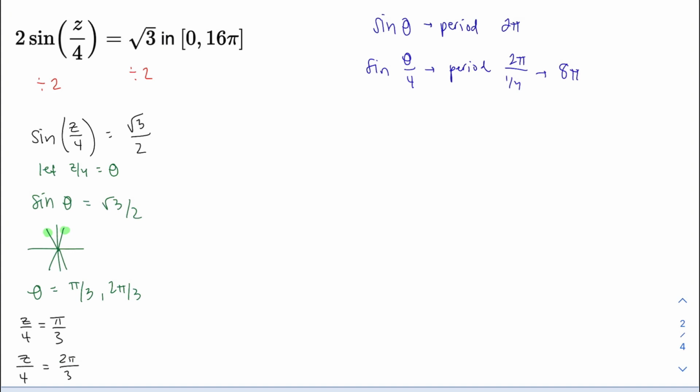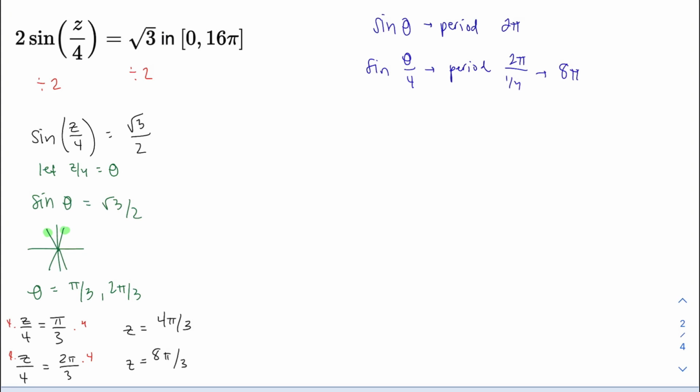Okay, but what to keep in mind is that these might not be the only solutions, but let's solve for z first. The way that I would solve for z is to multiply both sides by 4. So 2 of my solutions are z equals 4 pi over 3, and z equals 8 pi over 3.